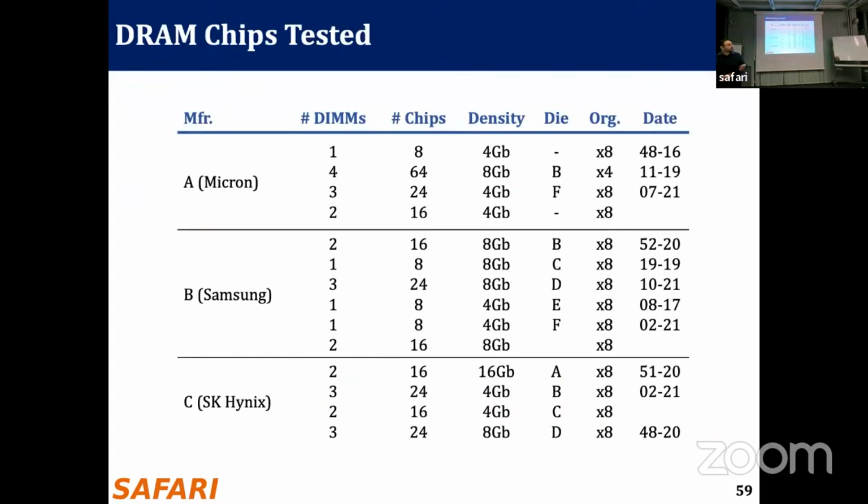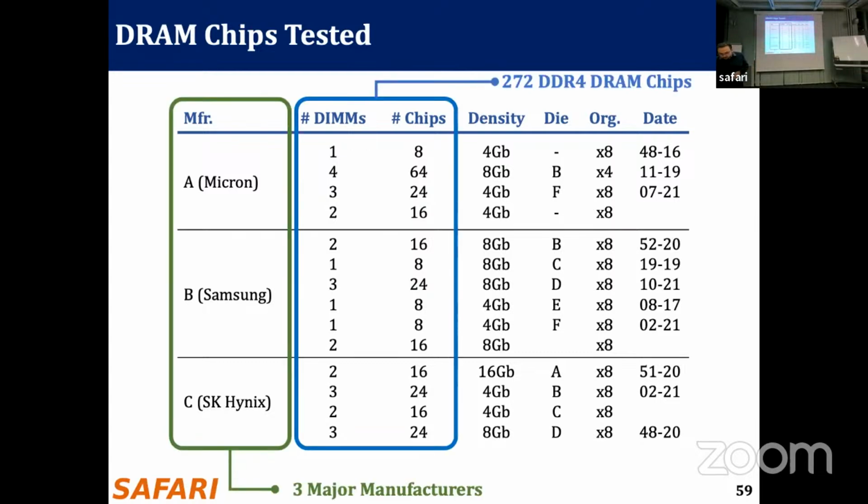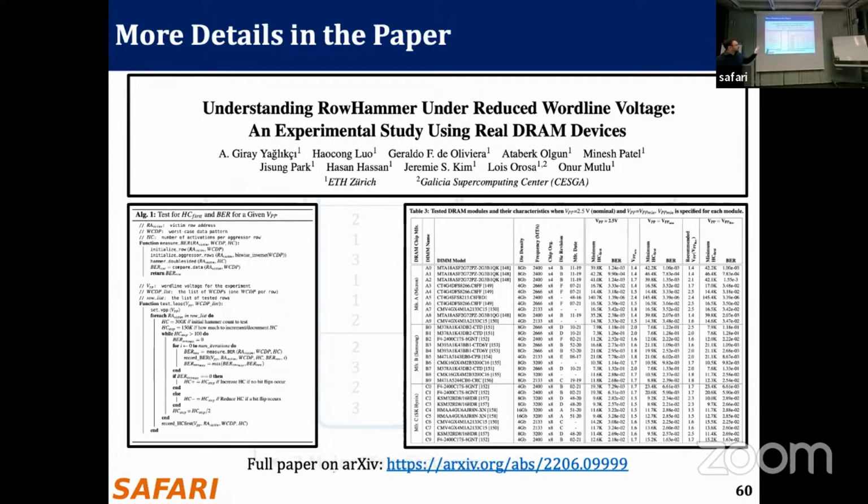For this study, we tested this set of DRAM chips from 3 manufacturers. It's again more than 200 DRAM chips, and they implement different densities, die revisions, and organizations, and come from different manufacturing types. We have more detailed information about every single chip in the full paper.